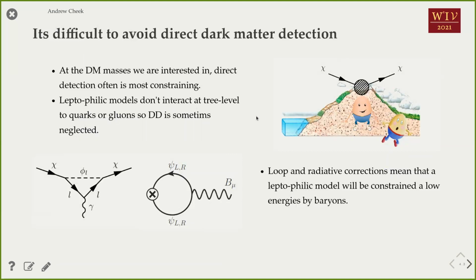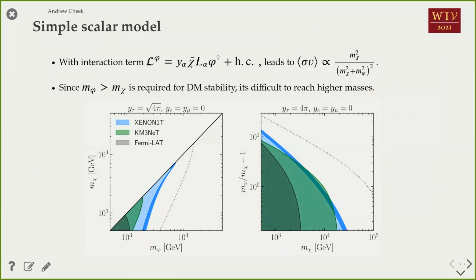And naively, leptophilic models don't interact with these experiments because they don't have tree-level interactions with quarks and gluons, but at the loop level and with radiative corrections, these leptophilic models will be constrained at low energies to a substantial degree. For example, when you look at the parameter space of a simple scalar mediated model, you get limits from XENON1T which far outweigh Fermi-LAT, but also are in excess of the projections that we have for KM3NeT.